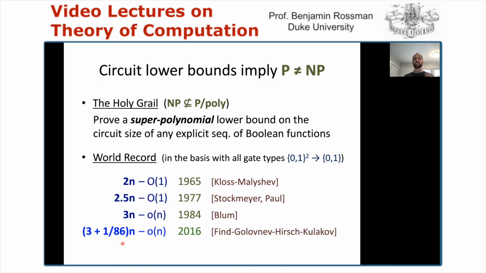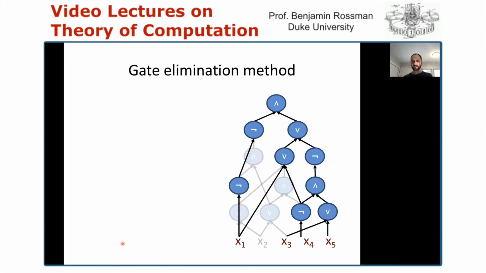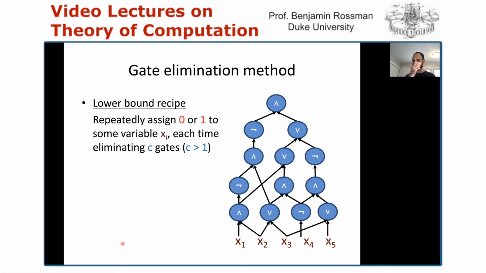Next, I wanted to say something about the technique that's used to prove these lower bounds. This is known as the gate elimination method, and the idea is pretty simple. We want to prove a lower bound on circuit size, let's say a linear lower bound of the form c times n for some constant c.